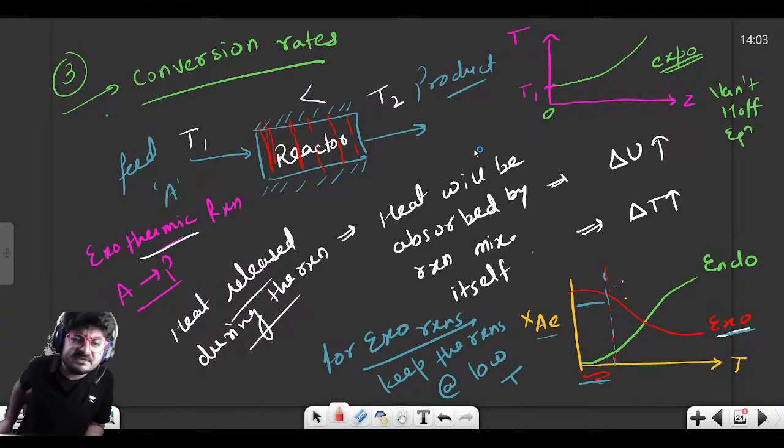That's why the equilibrium conversion is decreasing, and that's why the overall conversion will decrease. So that's how you can understand how the temperature will affect the overall conversion, basically the reactor performance. So I hope, guys, all these things are clear.